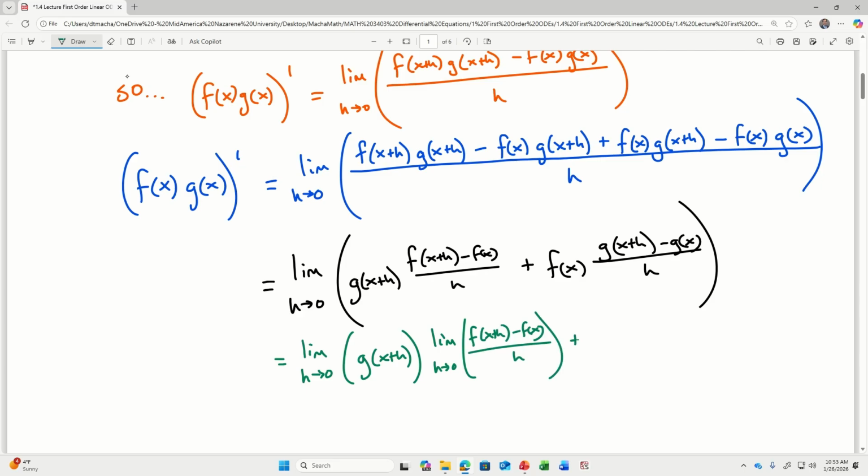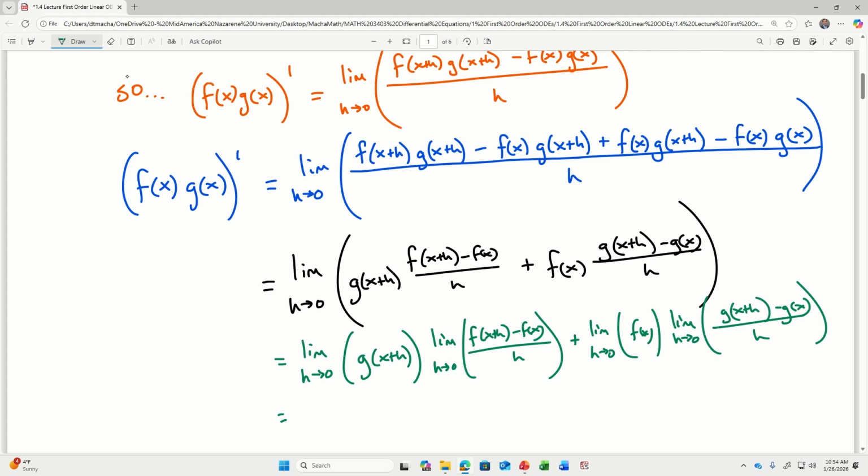But you can probably see where we're going here. By using my friendly properties of limits, separating the limits where I need to at the plus signs and the times.